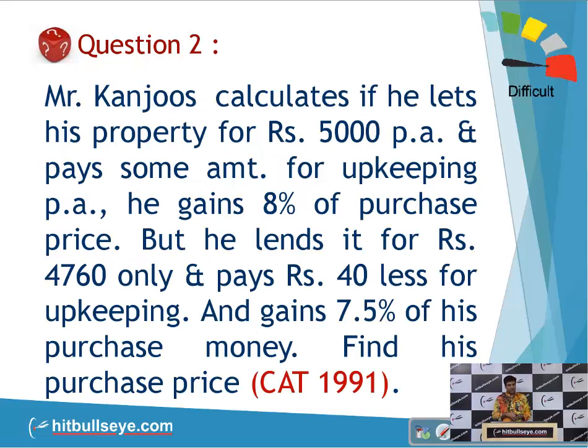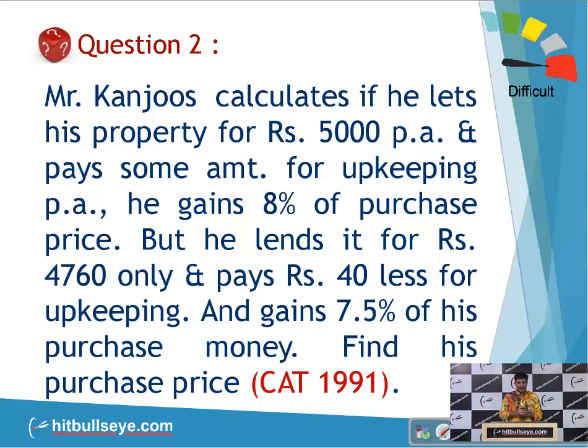Mr. Kanjus calculates if he lets out his property for rupees 5,000 per month per annum and pays some amount for upkeeping per annum, he gains 8% of his investment or purchase price.